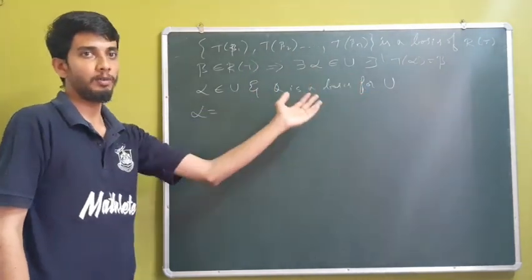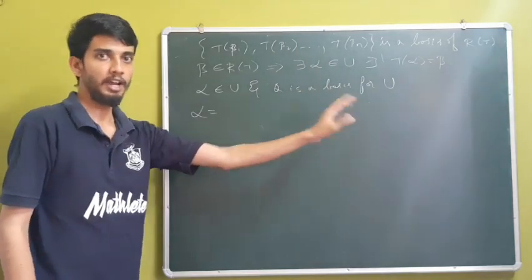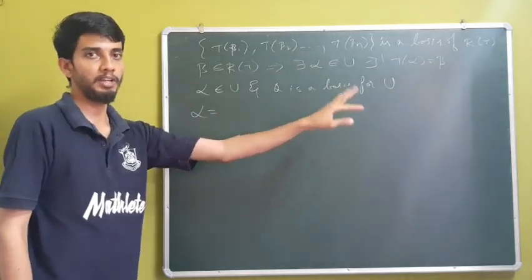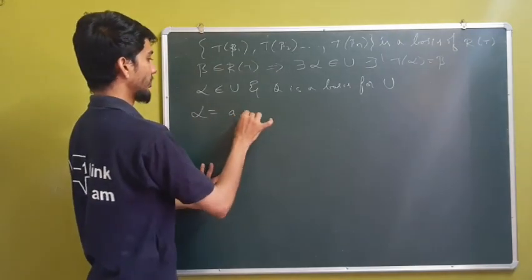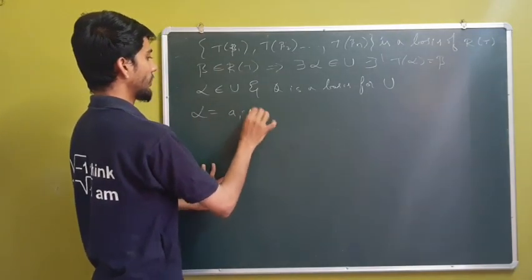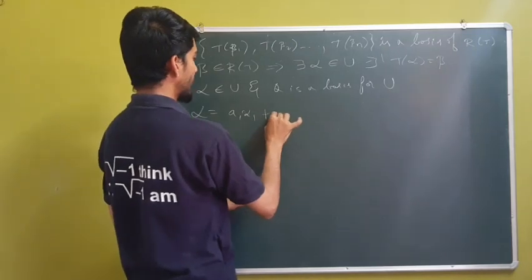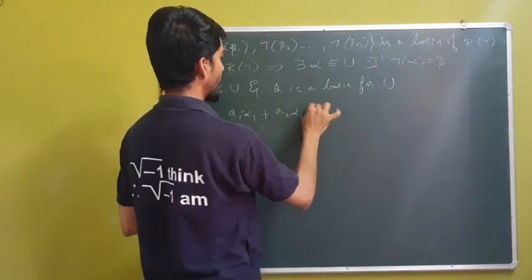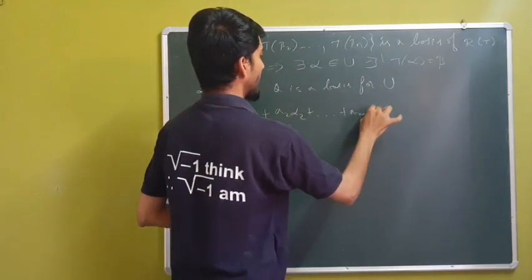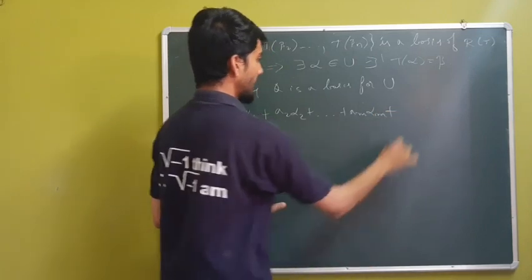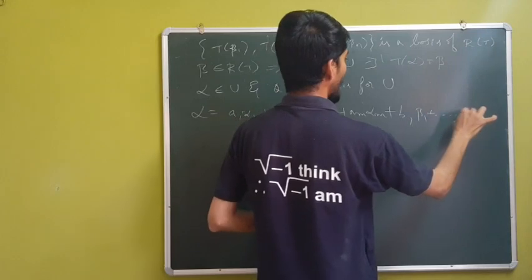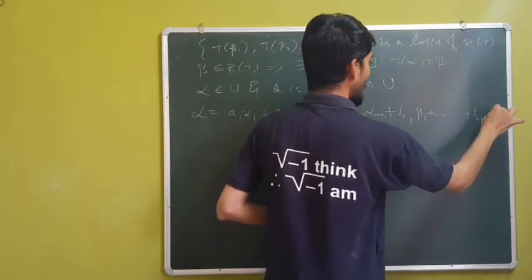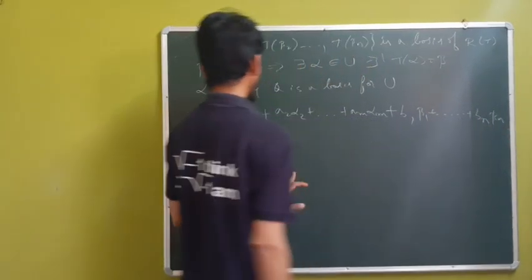It was alpha 1, alpha 2 and so on up to alpha m, and beta 1, beta 2 and so on up to beta n. So now I can express alpha as a linear combination: a1 alpha 1 plus a2 alpha 2 and so on up to am alpha m, likewise, plus b1 beta 1 and so on up to bn beta n.